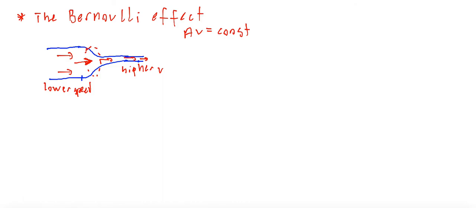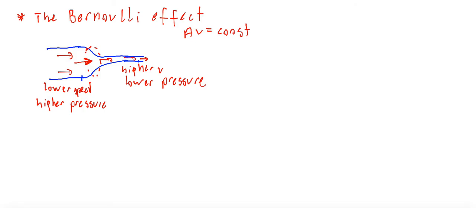The Bernoulli effect is about the change of pressure if there is a change of speed. There must be a pressure difference, with a lower pressure in the narrow section and higher pressure in the wider section. So here, where the lower speed is, there is a higher pressure. And here, in the narrow section, there is a lower pressure. So what does it mean?